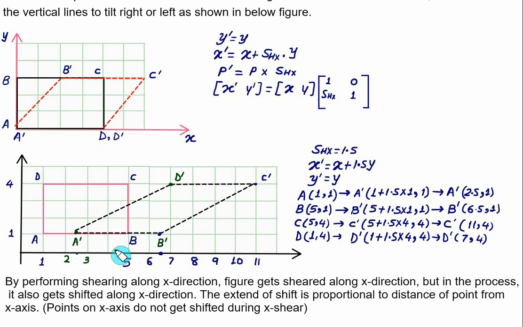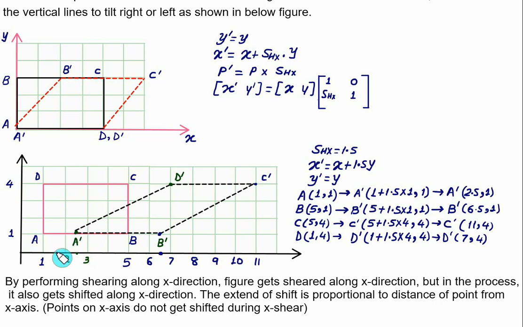We have two figures given here. Here AD is lying on the x-axis, and in the second case AB is not lying on the x-axis but away from it. So whenever we are performing the shearing along the x direction, the figure gets sheared along the x direction. That is true. In both cases it will get sheared along the x direction, but in the process it also gets shifted along the x direction.